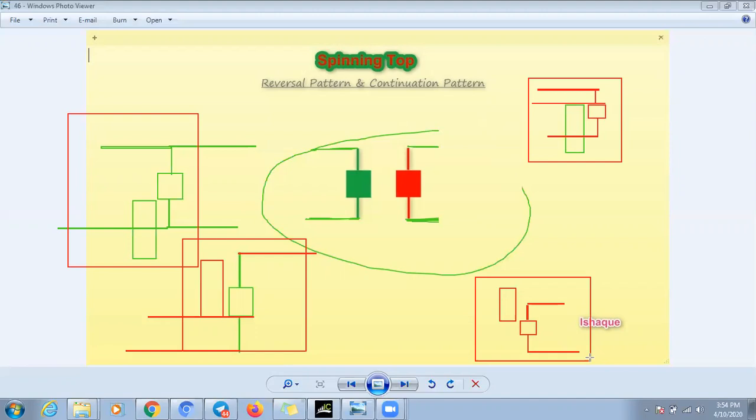One thing I will give you to keep in mind, this is a very good trick to understand whether, after this spinning top, another candle is going up or not. I will give you a hint, and this hint will work with every pattern.